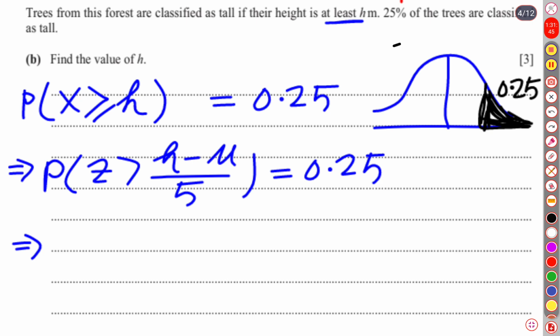This white, unshaded part is going to be 0.75. So our z-score is lying on the right side, so it is going to be 1 minus.